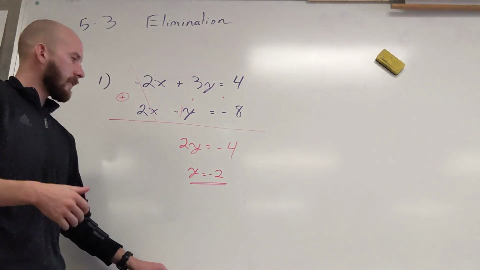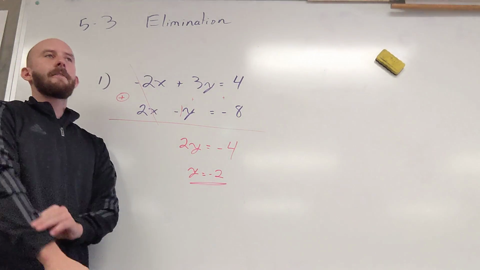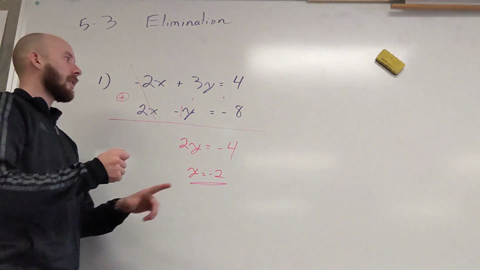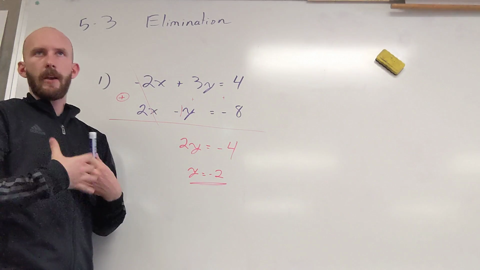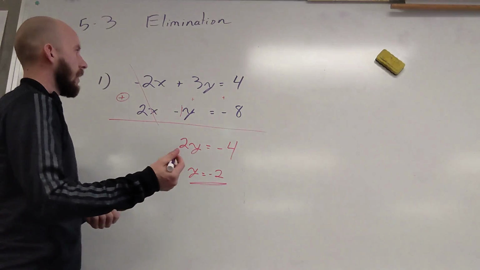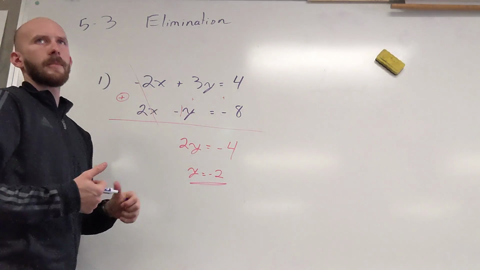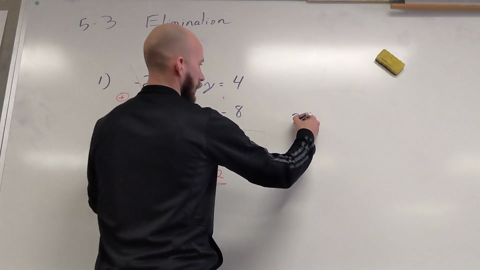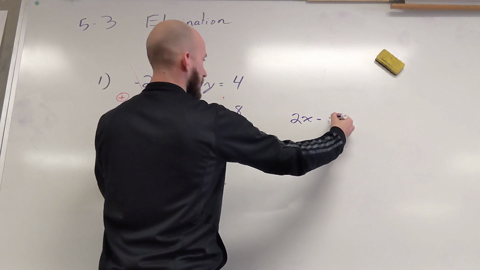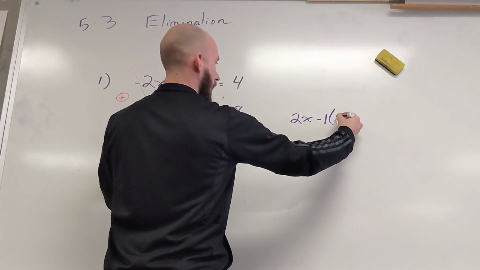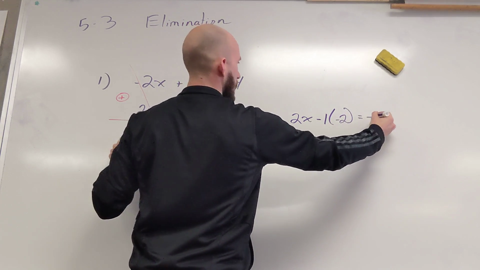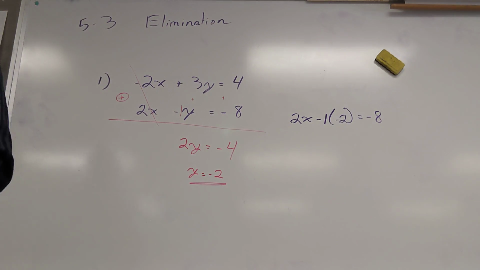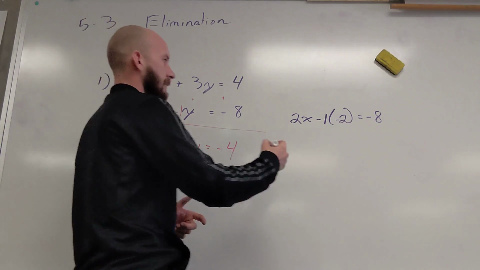So even though I've got y equals negative 2, now I have to plug it back in to solve for x, and I can plug it back into either equation. It doesn't matter. Do you guys want to plug it into the top or bottom? Okay. So if I plug it in here, I'm still going to put that as negative 1 times, plugging in negative 2. And then you're just going to solve for x.